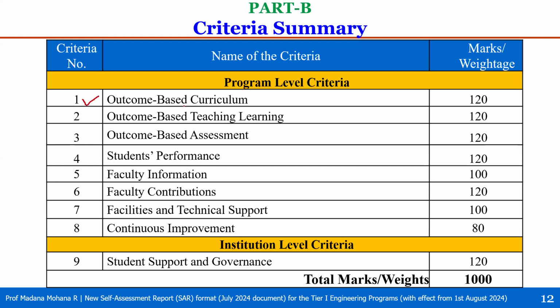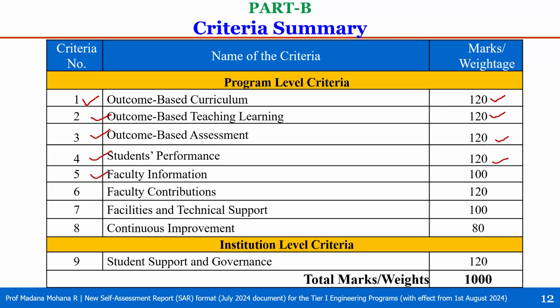Marks are weightages. Criteria 1, outcome based curriculum. So marks are 120 or weightage. Then criteria 2, outcome based teaching learning. So the marks are 120. Then criterion 3, outcome based assessment. So the marks are 120. Then criterion 4, students performance. The marks are 120.